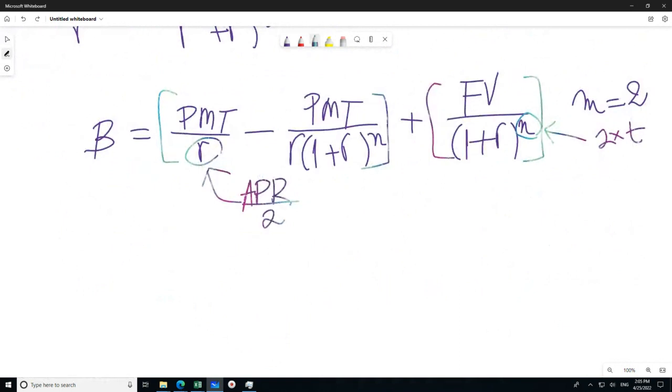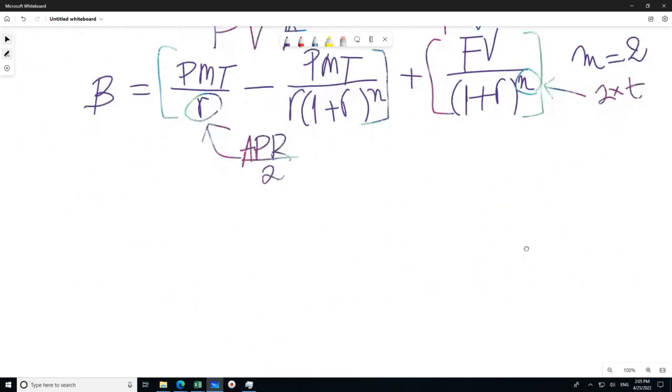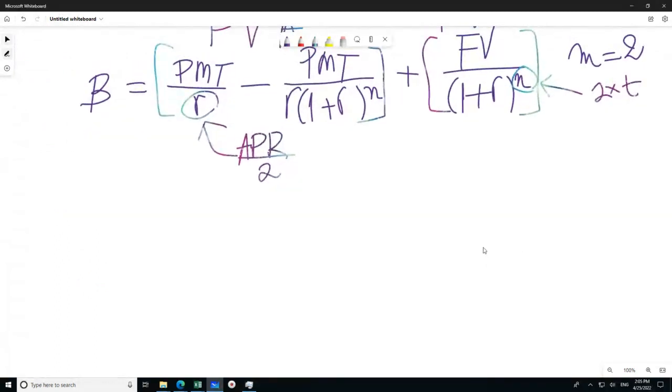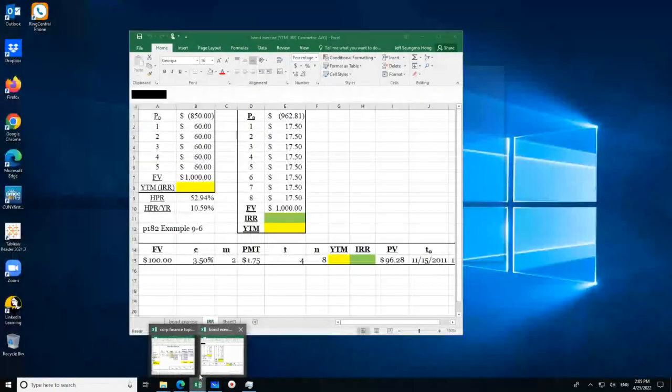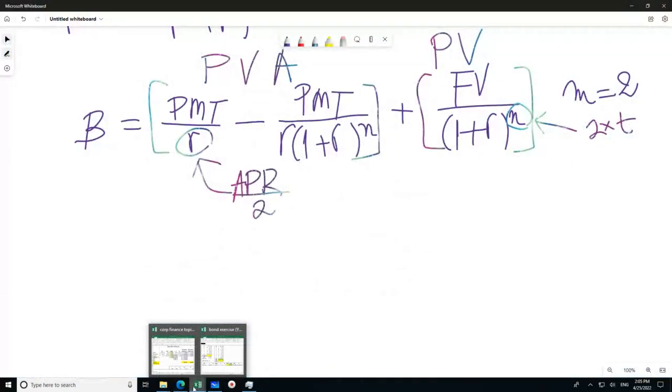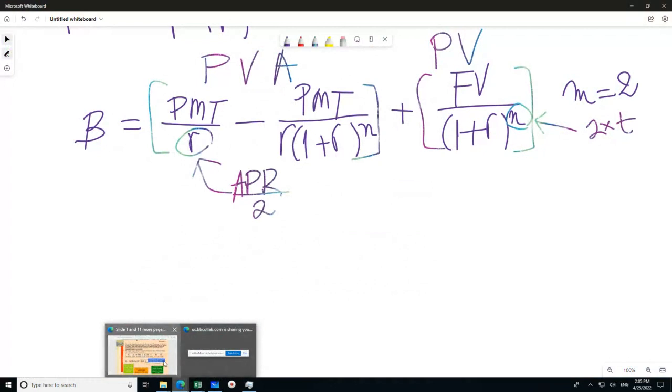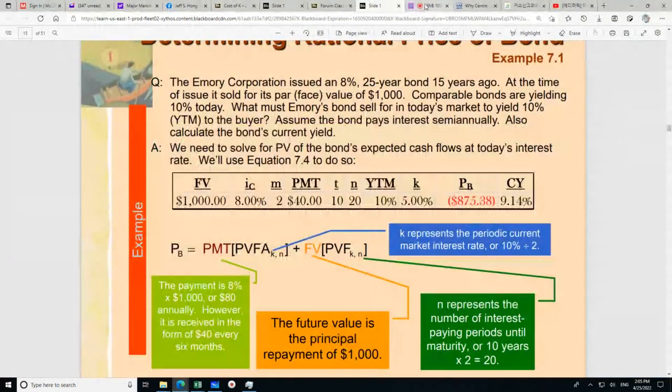Okay, this much is the present value of the annuity, and this is the present value of the single cash flow. Now, keeping that in mind, let's do this example.